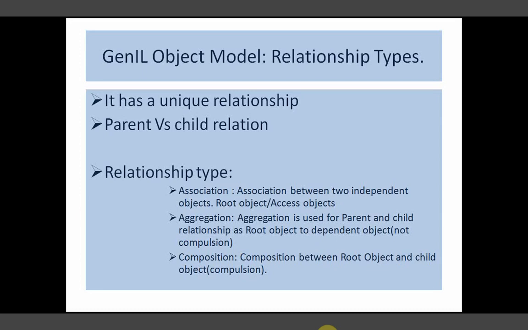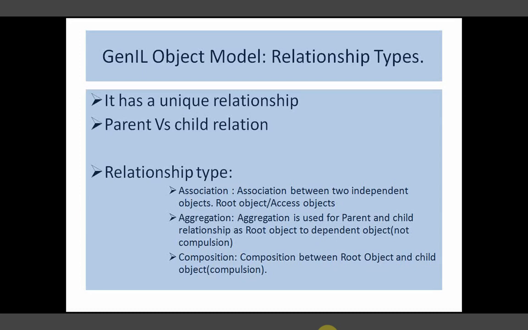Okay, what types of relationships can two objects have? This relationship is actually related to object-oriented programming as well. The relationship types are association, aggregation, and composition. As I told, then what is association?